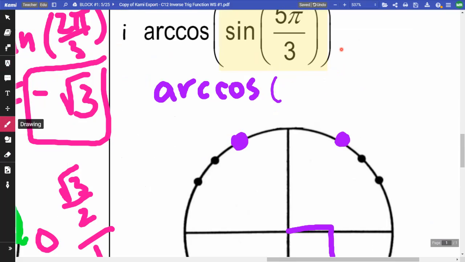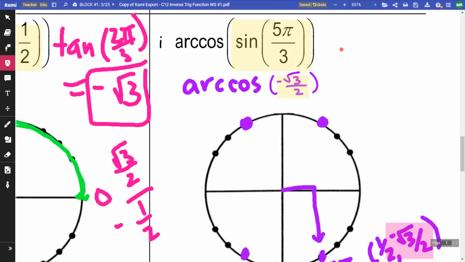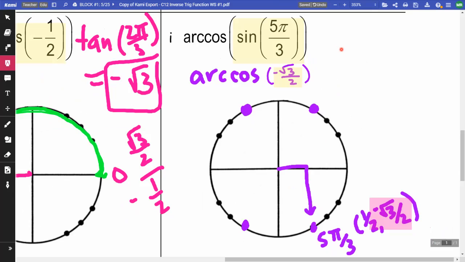Smaller font. So this is a negative root 3 over 2. So this right here that I'm highlighting in yellow is the same as what sine of 5 pi thirds is. So now I'm going to try to find the arc cosine of that amount.